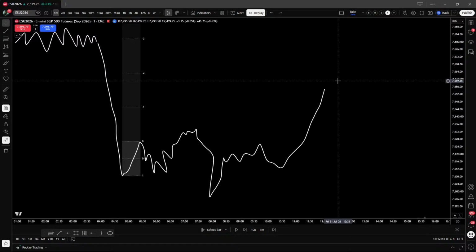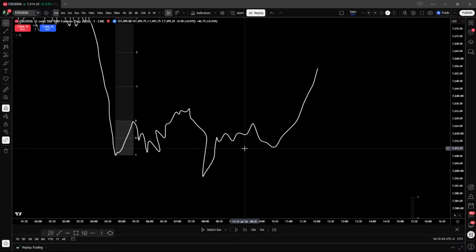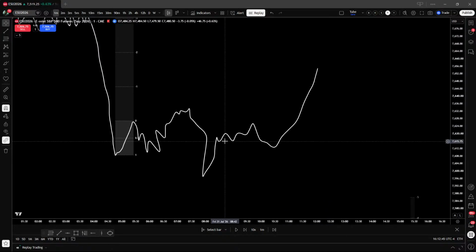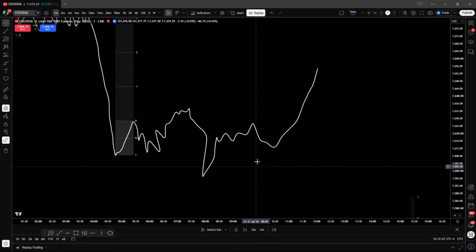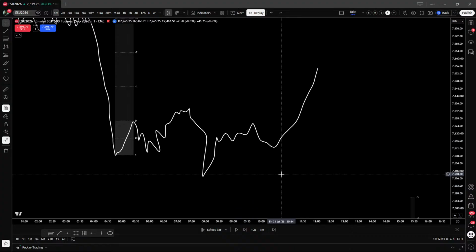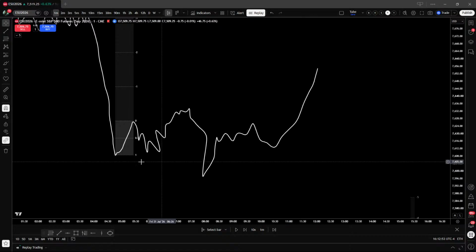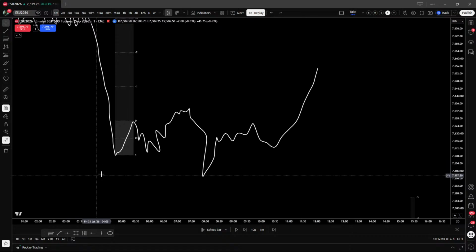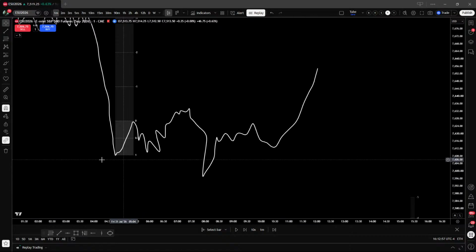And then it takes off. Sometimes you will see maybe a second or maybe even a third sweep, right? But that's what I'm always saying. Well, you have to have something below here.